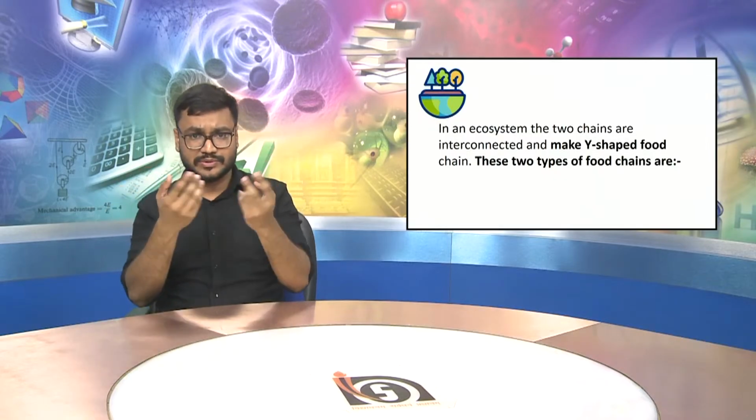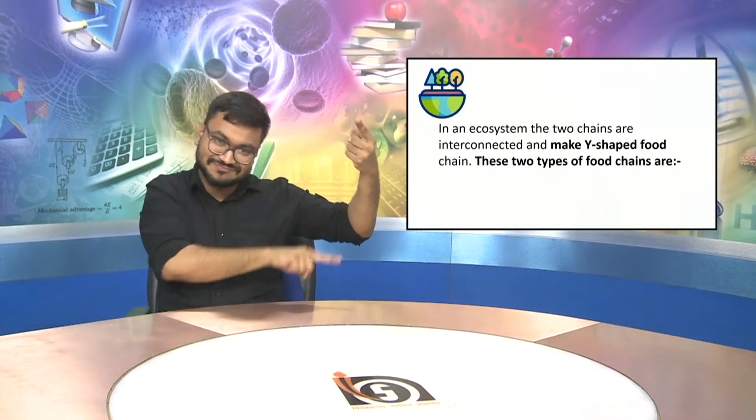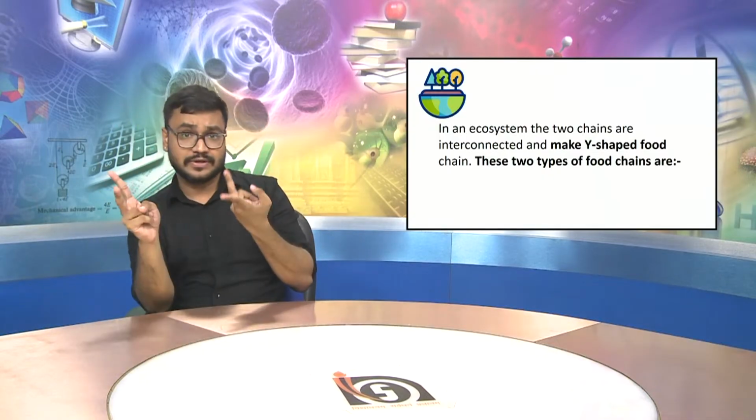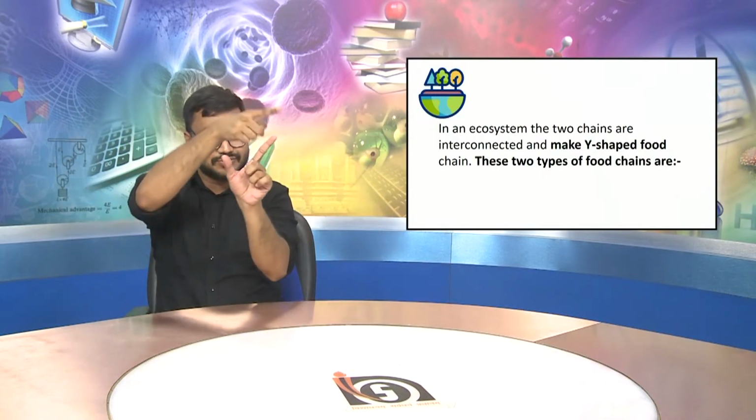In an ecosystem, the two chains are interconnected and make a Y-shaped food chain.